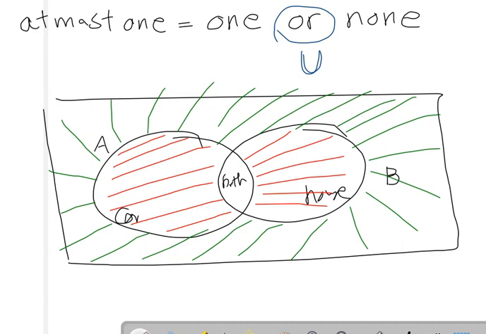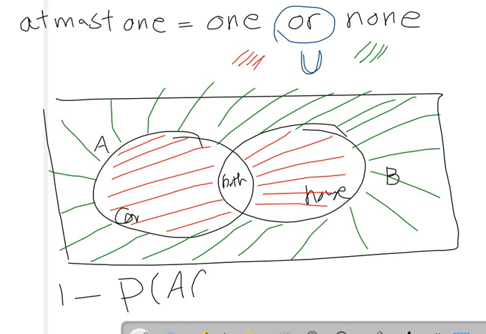So we need the union of red and green, but we can obtain it with the complement of this area. It means at most one is 1 minus the only area that is blank here with no color, which is both.